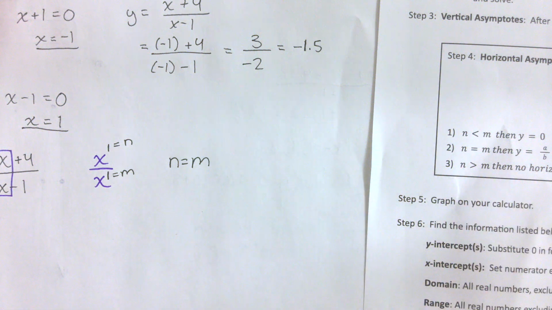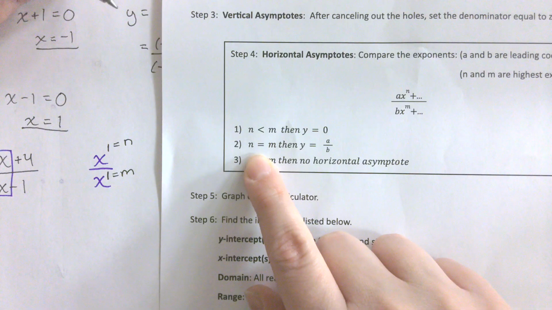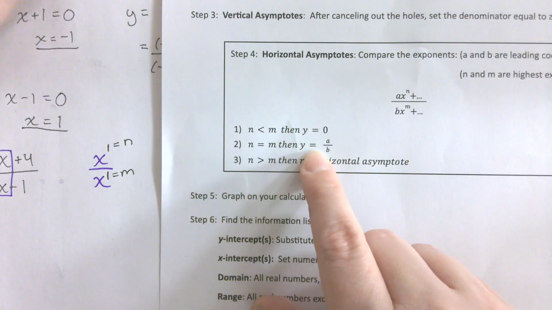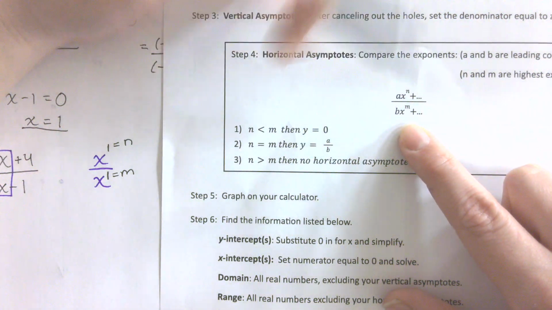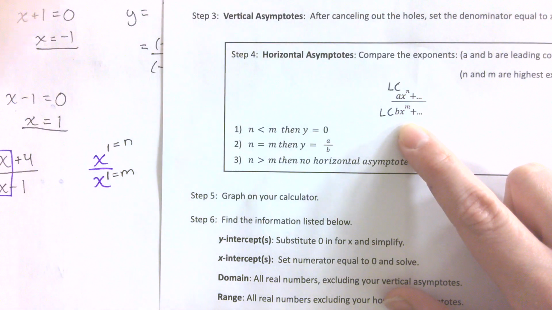So now the second thing we care about, because this is the scenario we have, when n equals m, then this is the equation of your horizontal asymptote, y equals a over b. Let's go back up here. A and B are the leading coefficients of those terms on the top and the bottom.